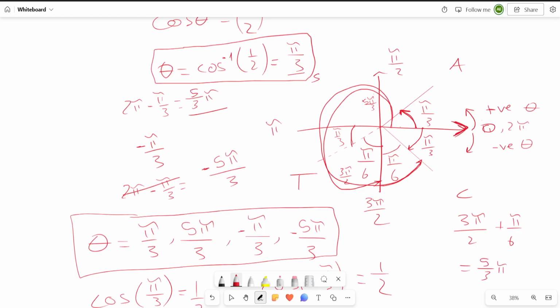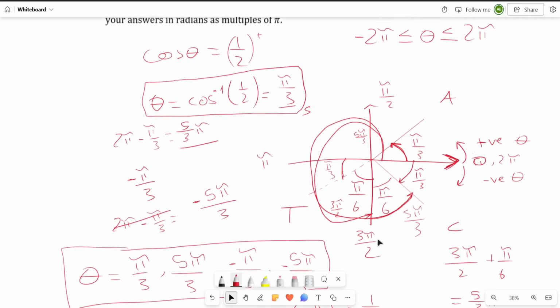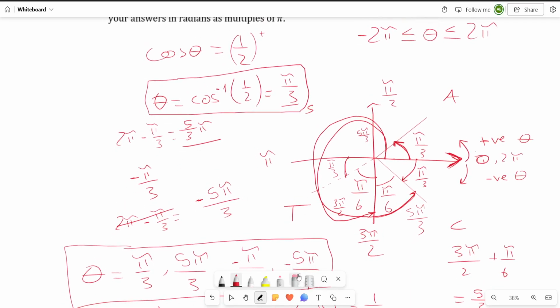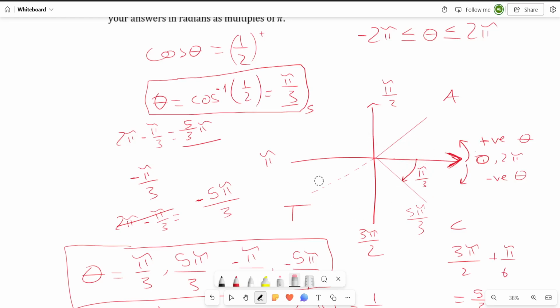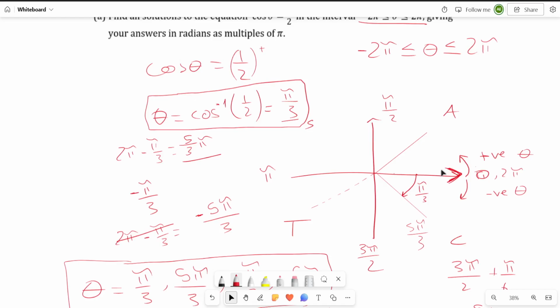So I know that my second solution is 5 pi over 3. These are the positive solutions because the next solution is going to be outside of my range, more than 2 pi. So I stop for the positive solutions and I start doing the negative ones, which means that I will move in the clockwise direction. I will do the same, find the other two angles, and basically these are the solutions.